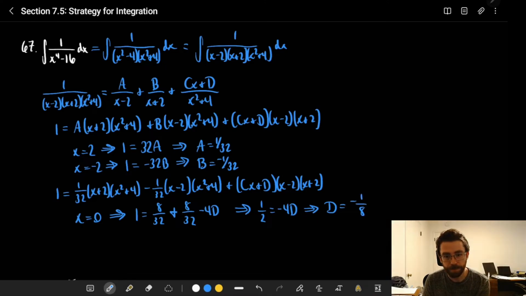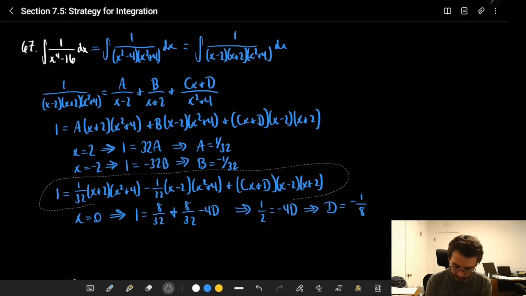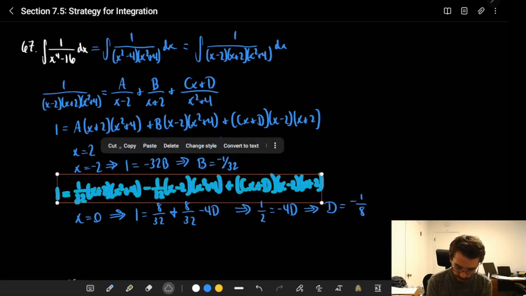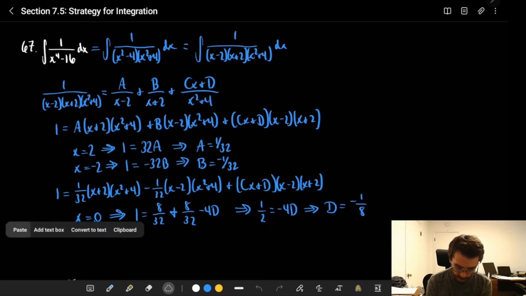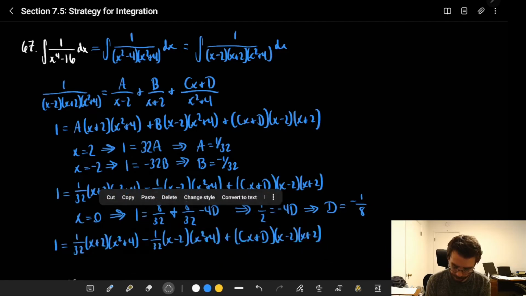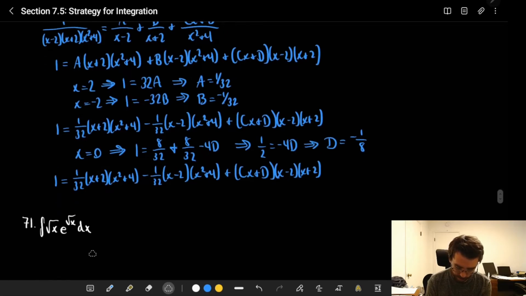That's nice. And now we should be able to determine C by plugging in anything. At this point, let's plug in what we know for D. This is usually much further than we need to take these sorts of things, but bear with me.